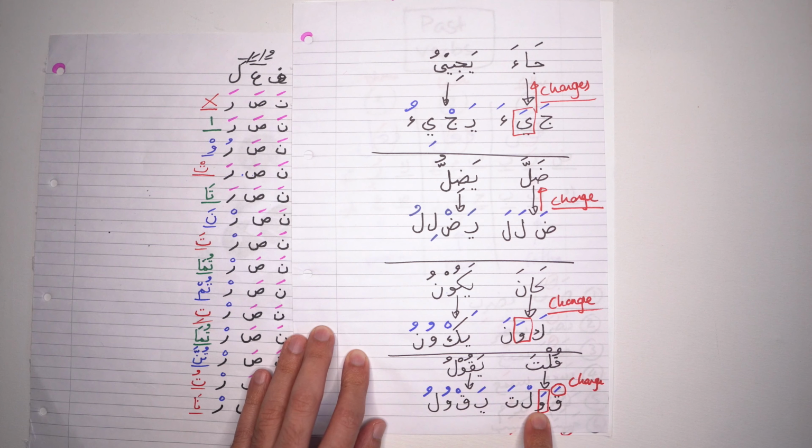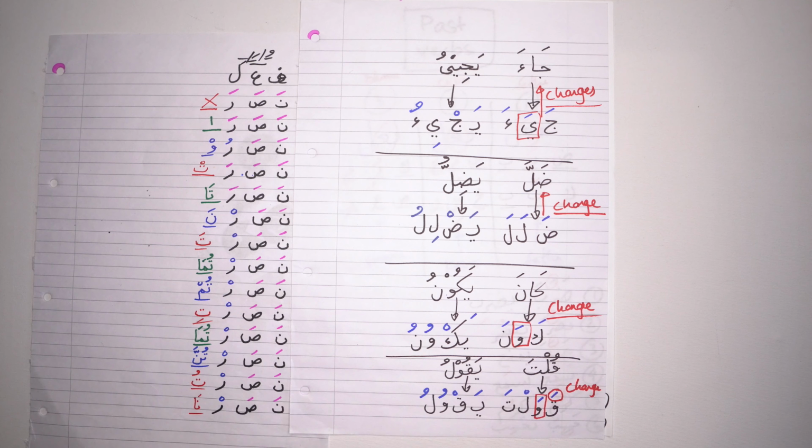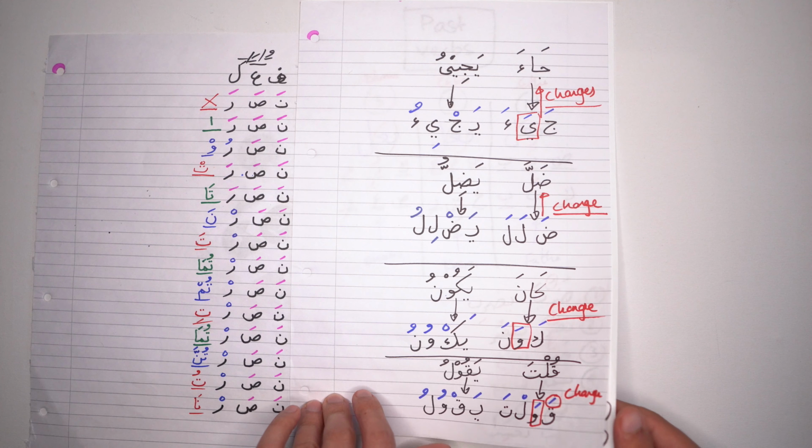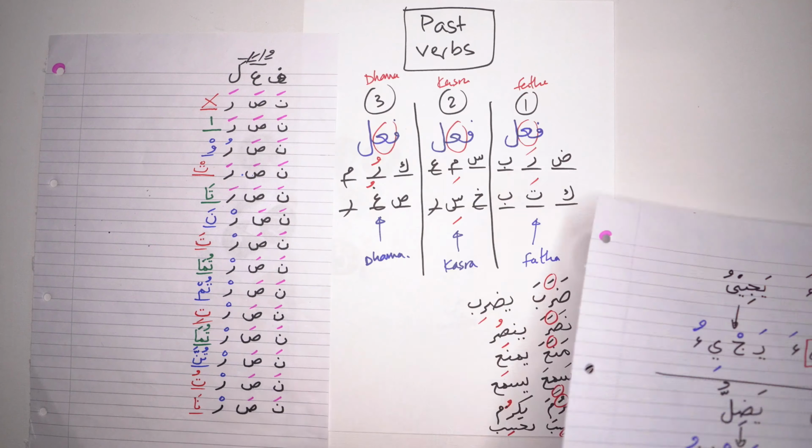These changes are what I want to focus on in these lessons: how changes occur, so that you can see the original shape of the word and then its later changed shape. If I take a piece of paper, I'm going to write it down for you.